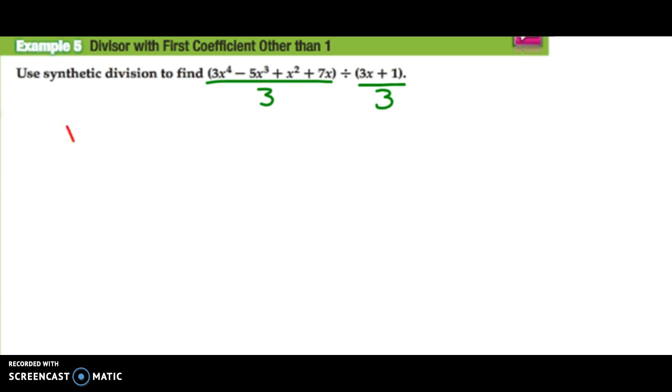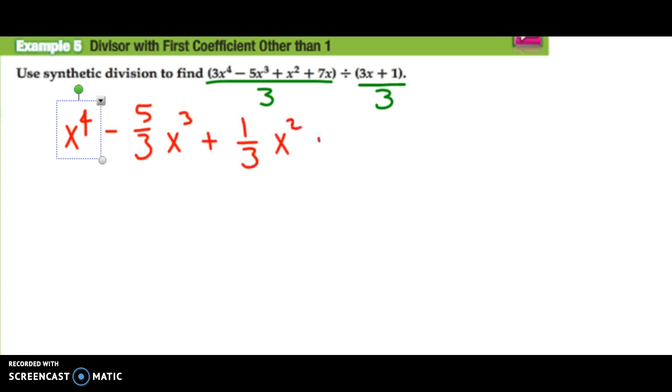3 divided by 3 is 1, so the x to the 4th minus 5 thirds x to the 3rd plus 1/3 x squared plus 7 thirds x. And then one thing I'm going to add here is plus 0, because I still have to have my constant term.